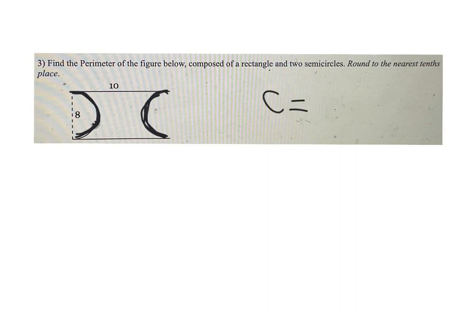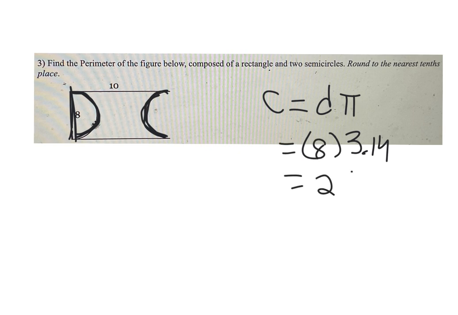So in order to find the total perimeter, you can find the circumference of that circle. So circumference is diameter times pi. Going to use 3.14. Our diameter from the picture, as you can see, is 8. And that's going to give you 25.12. You also have the 10 up top.